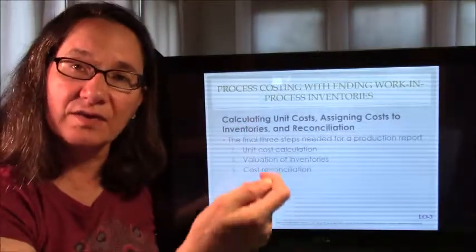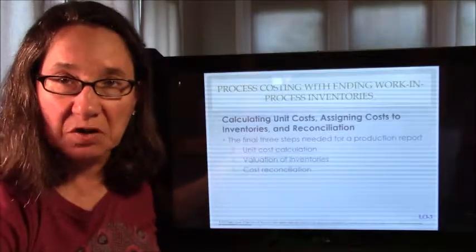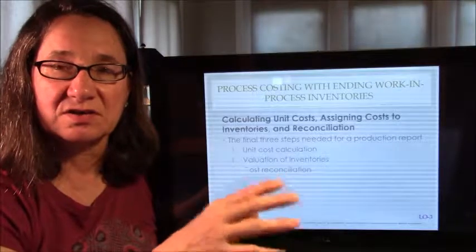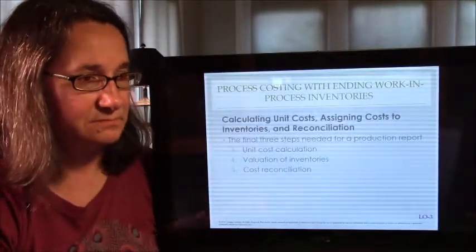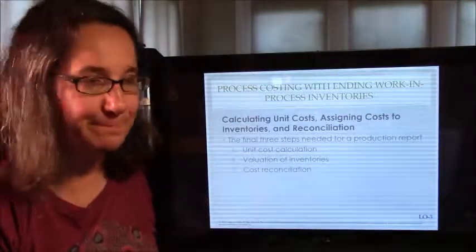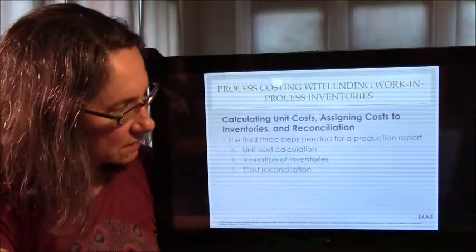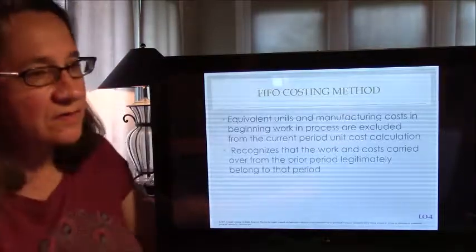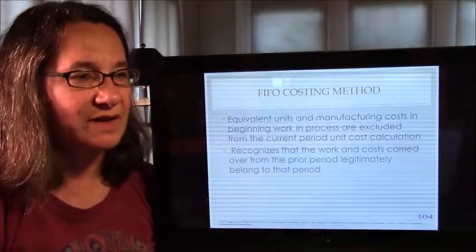And now I can apply those unit costs to the units transferred out, which are whole units, and the units still sitting there on the assembly line, which are however many equivalent units they are. I can apply that. And then I go back and I reconcile my cost to make sure I did it right. And that's it. It's going to be very logical. Like I said, I think if you watch me work it on the video for 6.31 and 6.32, I think it'll make a lot more sense.